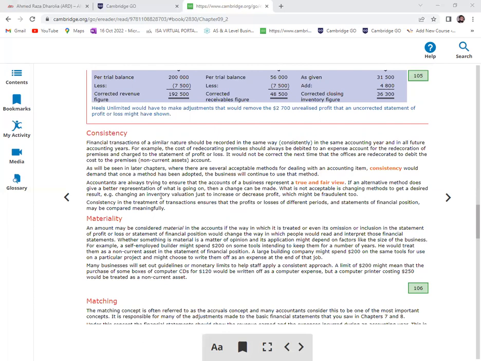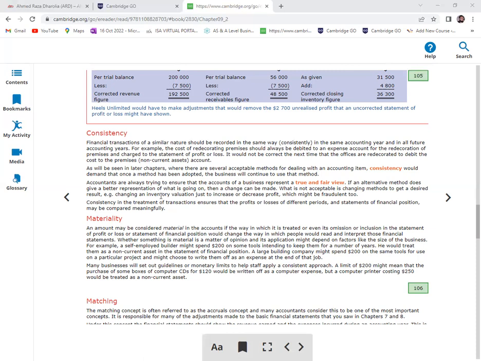For example, if we select reducing balance method for one class of assets, the same method should be continued for all the assets under the same class. We cannot do like that: one asset reducing balance, another asset straight line, third asset some other method. No, you must be consistent, so your business financials give a true and fair view.